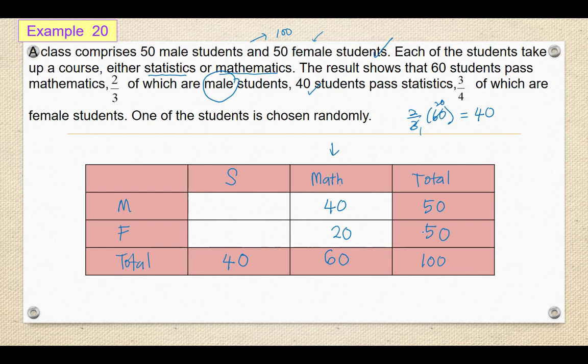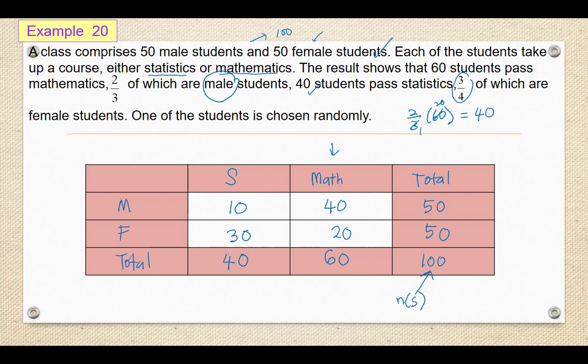We can complete it like this: 50, this one is 20, this one will be 30, this one will be 10. Or you can calculate from here: 3/4 of 40 are female students who pass statistics. So we complete the table. Now make sure this one will be your total.